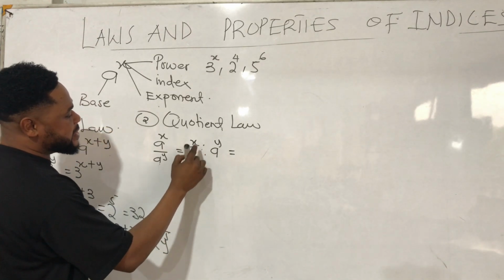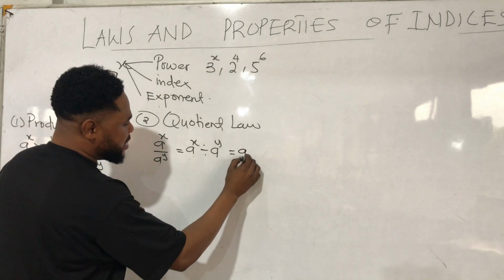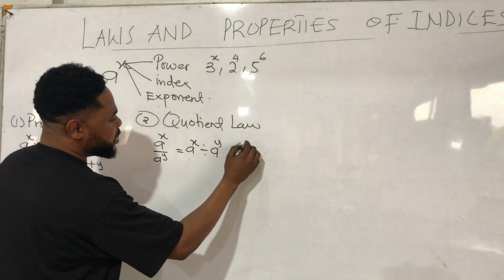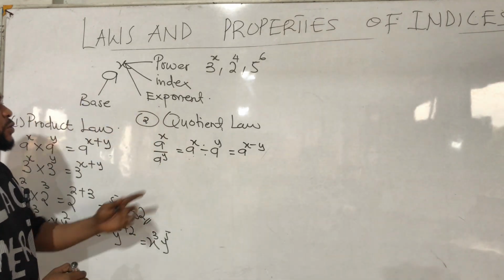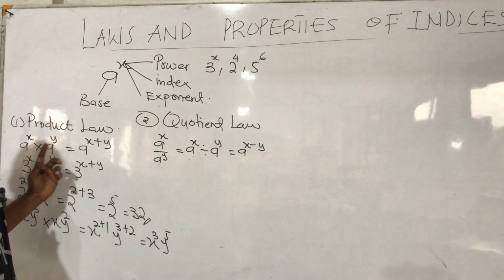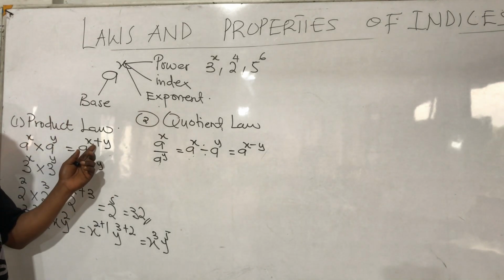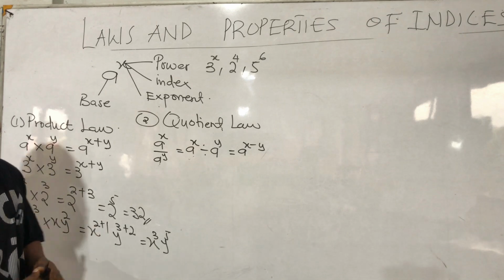When the bases are the same and they are dividing, it is the same as our base raised to the power x minus y. So division moves with subtraction, multiplication moves with addition.